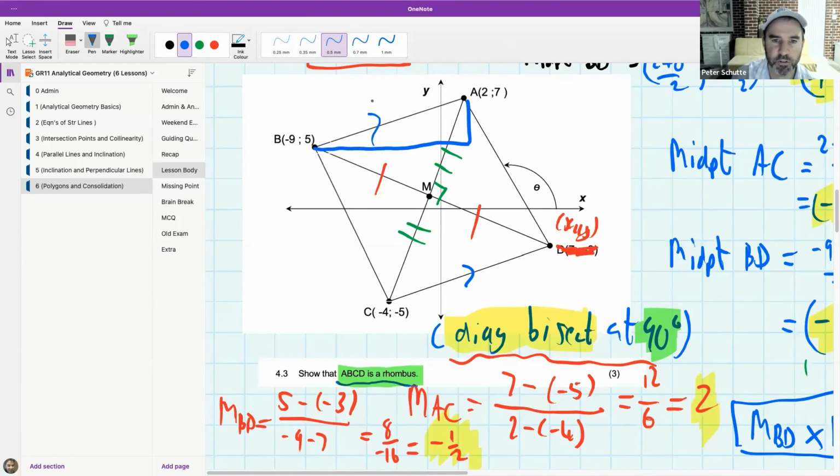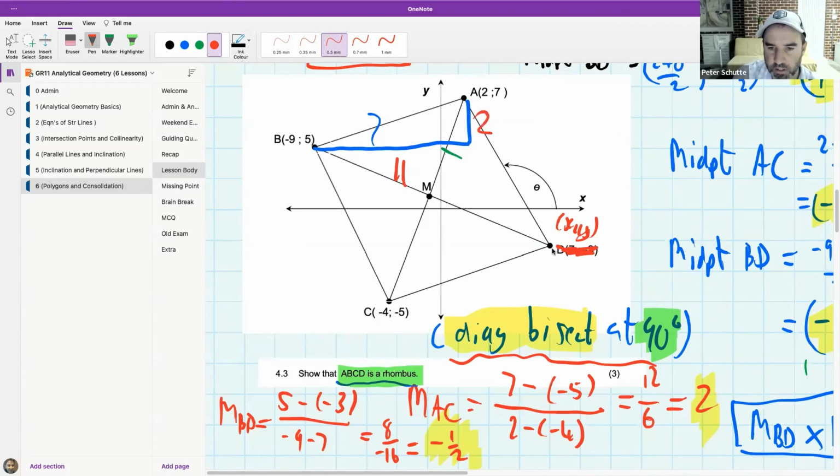So Susanna, to go from B to A, how far do I go across? From -9 to 2. Are you with me, Susanna? So what I think you would see is that you go across by 11 units. From -9 to 0 and then 2, so this would be 11. And how much do I go up by? I go from 5 on the y-axis to 7. So I go up by 2.